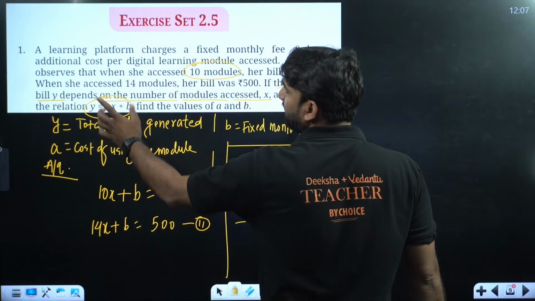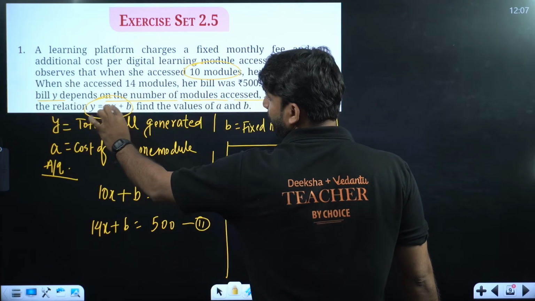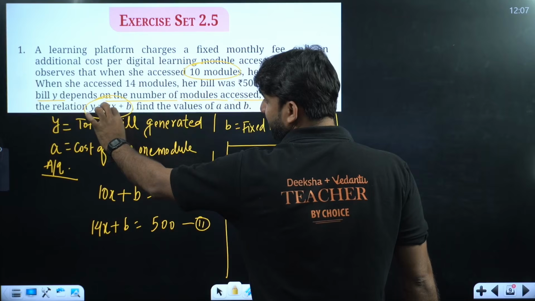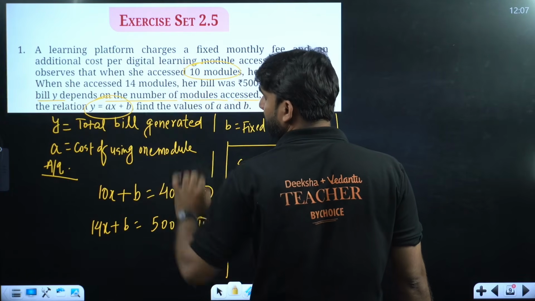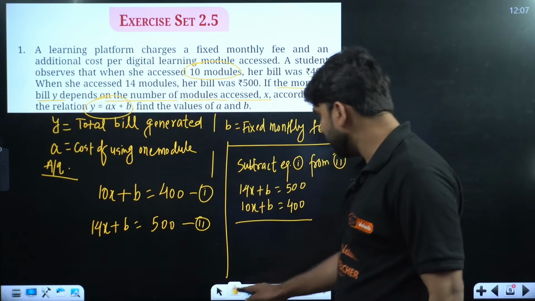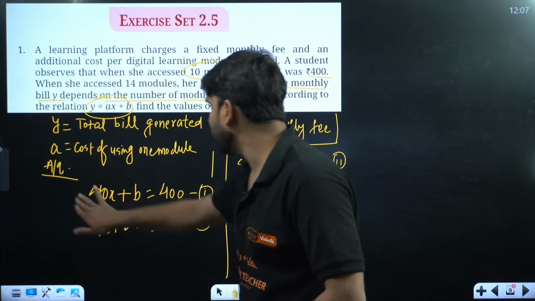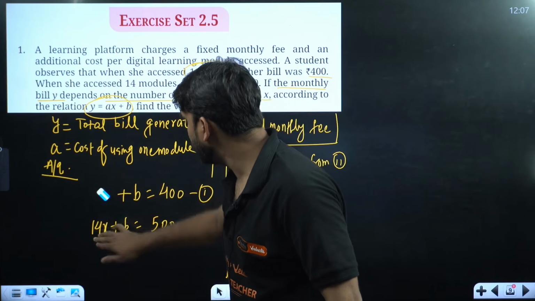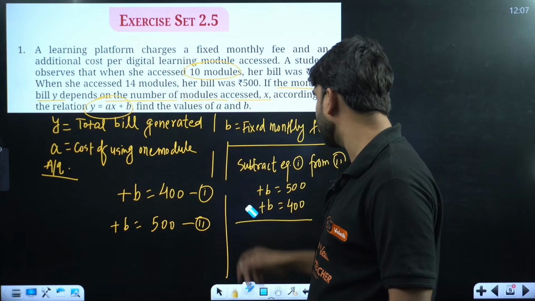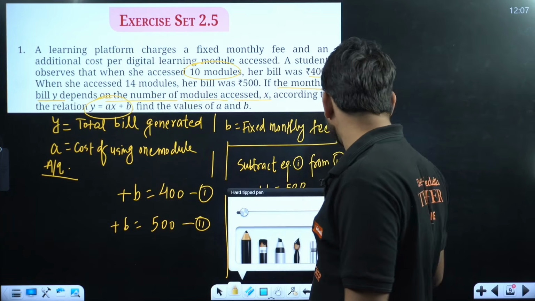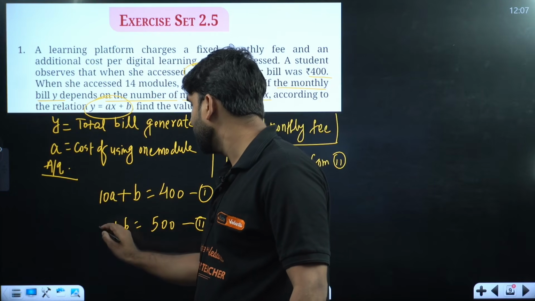This will be 10a plus b, because here you can see Y is equal to aX plus b, where a is the fixed value and X is the number of modules, already given to you. Better to write a here, to work systematically, so that it looks better, champions. So right here this will be 10a, and this will be 14a.